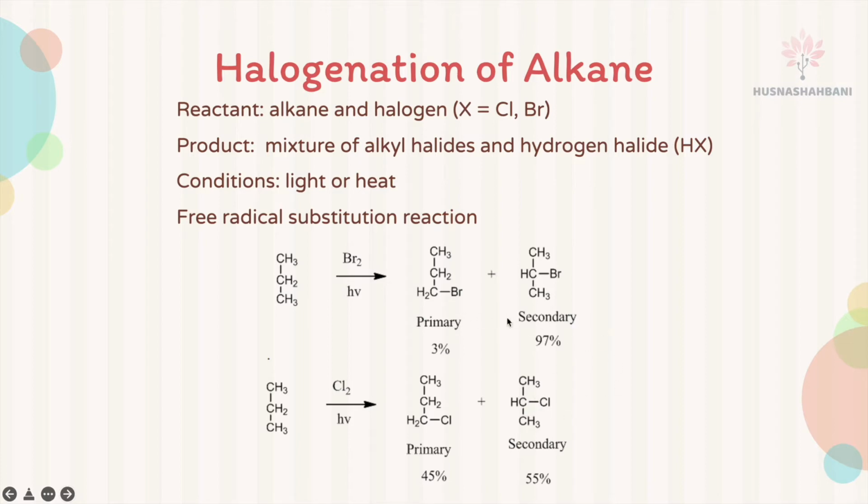So that is the difference between bromine and chlorine in halogenation of alkane. If bromine, most of it will attach to the secondary carbon. If chlorine, half attaches to the primary carbon, half to the secondary carbon.